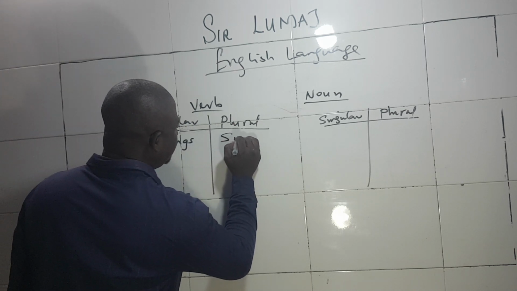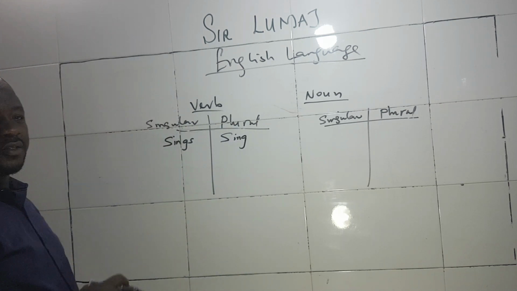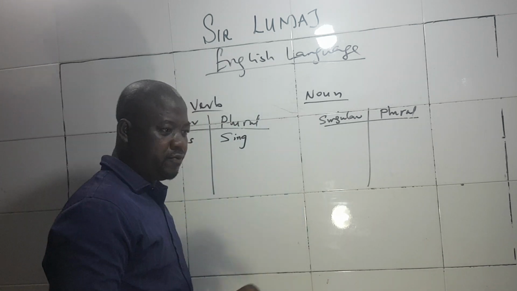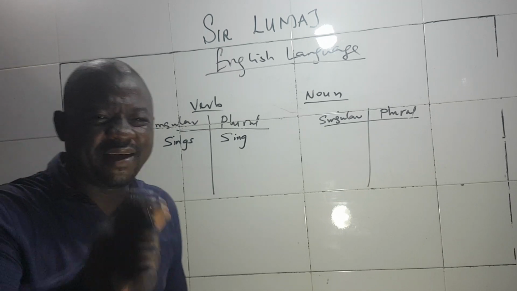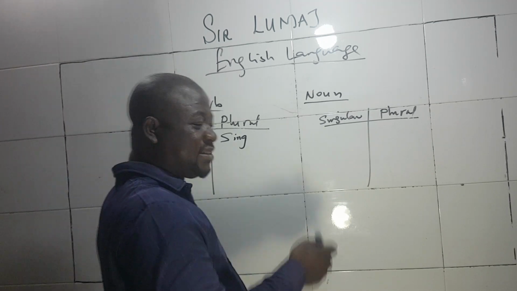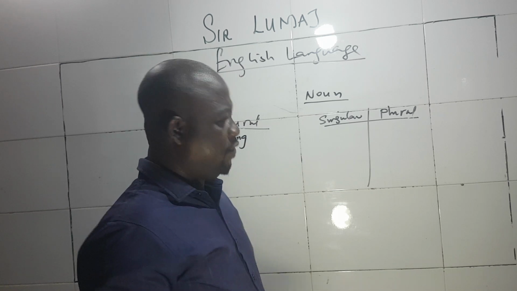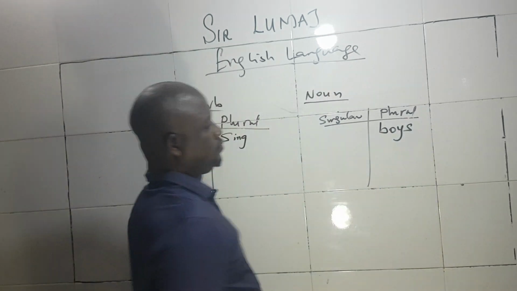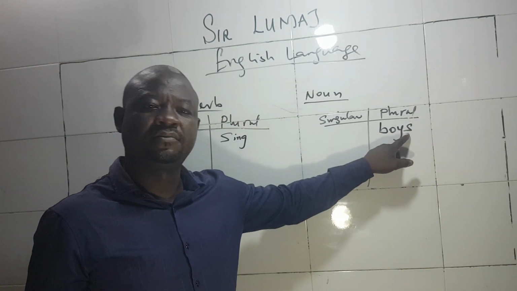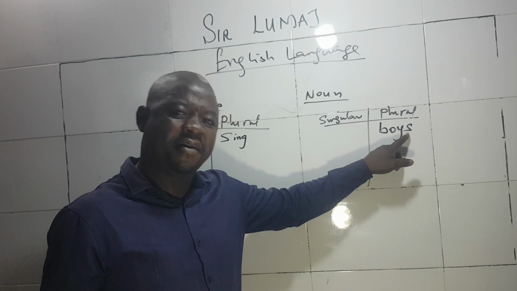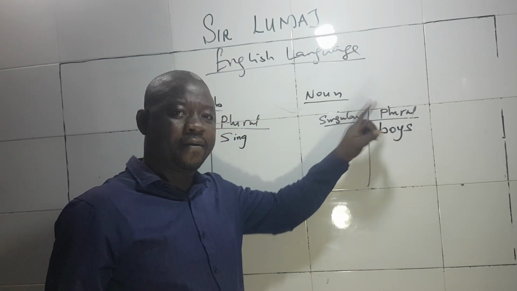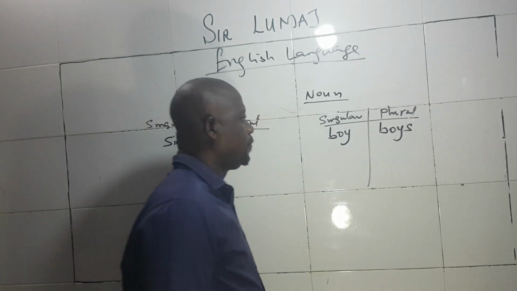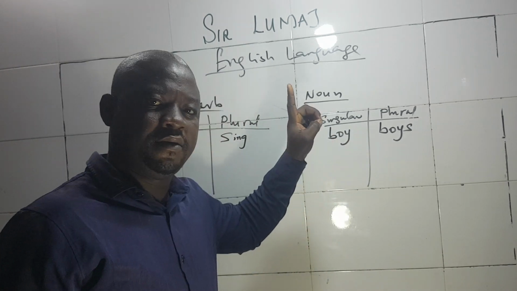Why sing? Sing is plural. But in your noun, when your noun is carrying S, it is plural. For instance, if I say boys, you can see it's carrying S, showing that it is plural, more than one. If I say boy, B-O-Y, boy, singular.